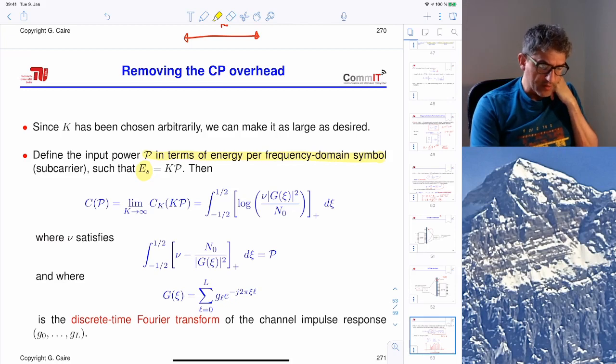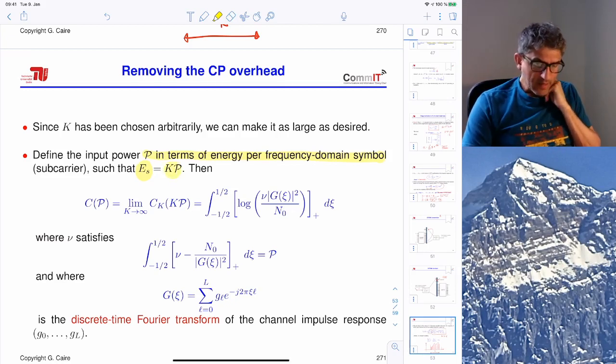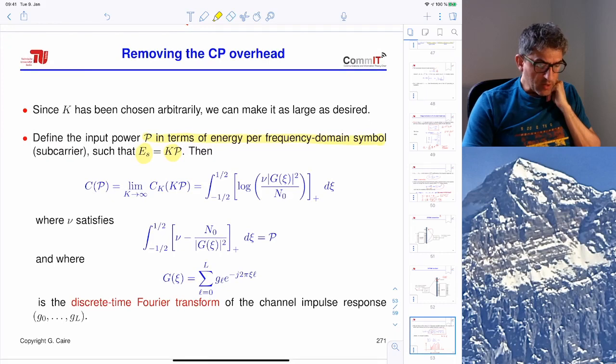So the equivalence here is that ES is equal to KP, and by making this substitution, we can look at the limit.